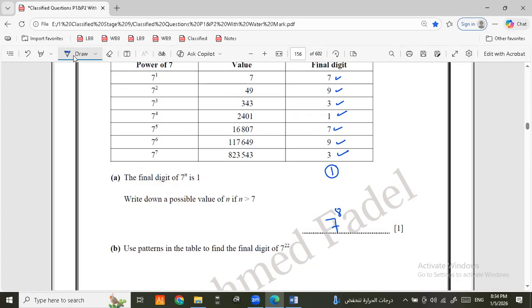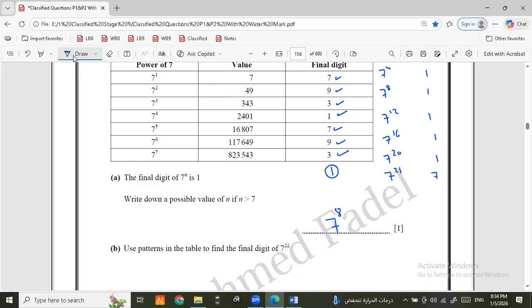You should know that the fourth always ends with 1, like a multiple of 4. 7 to the power of 4 will always end with 1. 7 to the power of 8 ended also with 1. So 7 to the power of 12 will end in 1. 7 to the power of 16 will end with 1. 7 to the power of 20 will also end in 1. So 7 to the power of 21, what is after 1? If it ends with 1, then next it will end with 7.